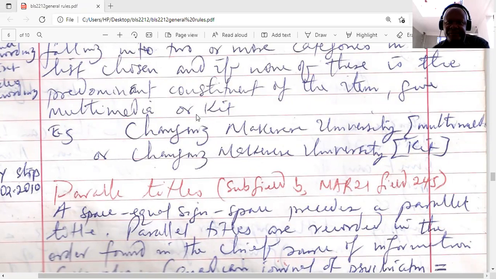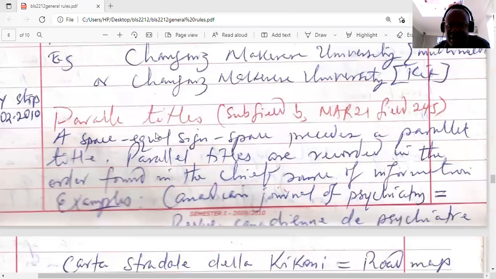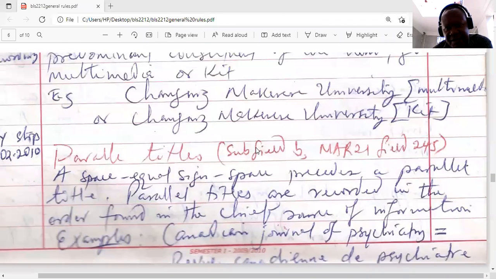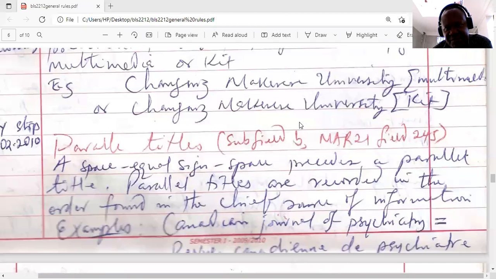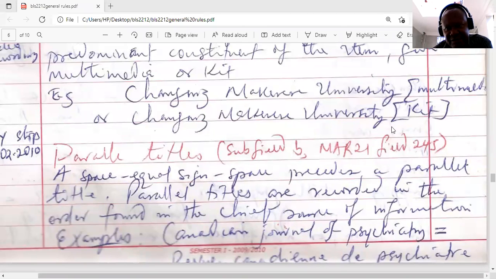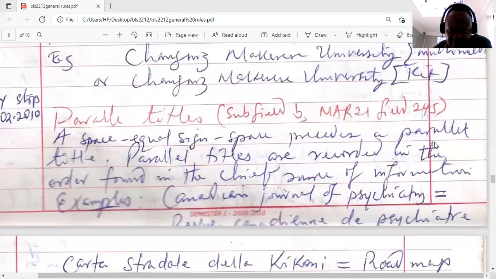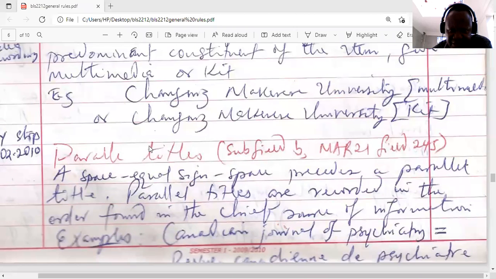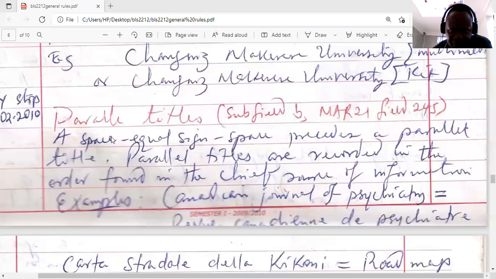After title proper, we move to parallel titles. And this goes in subfield B in our MARC 21, but still in the field 245. I've given some examples already on parallel titles, but we need to look at this in more detail. A space, equal sign, space precedes a parallel title.